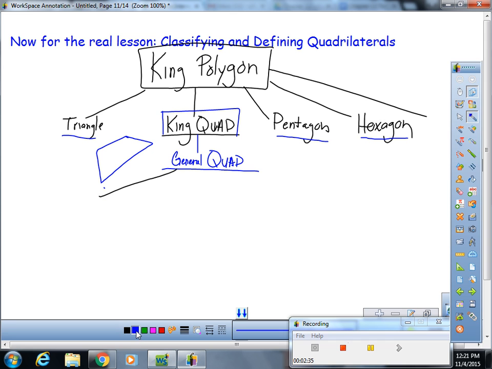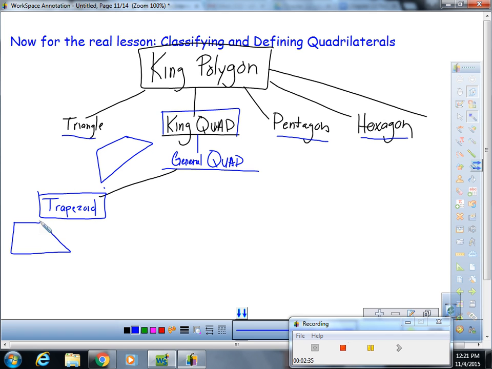And that son he named Trapezoid. Okay? And the trapezoid looks something like this. Okay? So, trapezoid was a better looking quad than General Quad was. Okay? And General Quad was very happy with his son named Trapezoid.